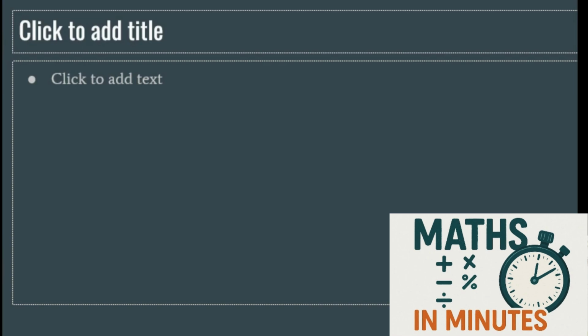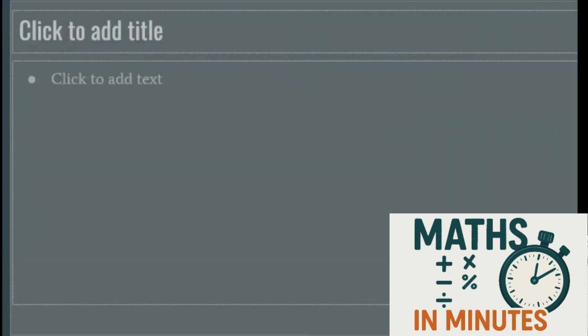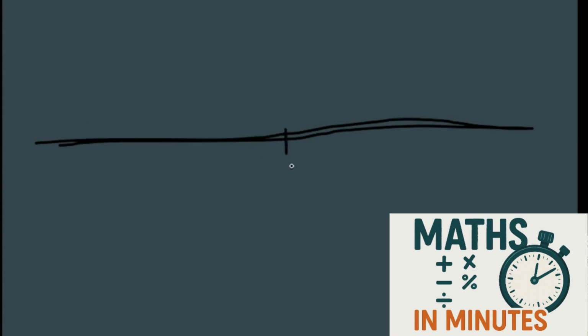Now we are seeing how to mark these rational numbers, right? Let's say we have a number line. I hope everyone knows about the number line, that in the number line we have positive integers as well as negative integers, and in between there is a 0. The numbers on the left side of the number line are known as negative integers.